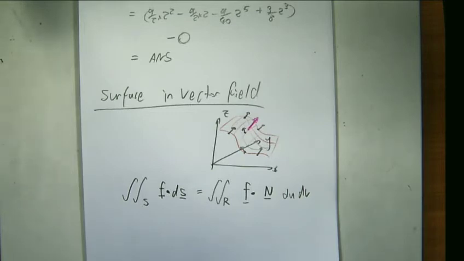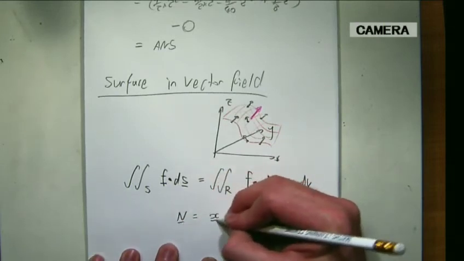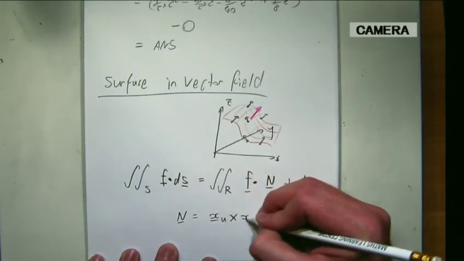And the normal vector is created in the same way as it was last time. Interestingly, it's a scalar triple product, so it's actually the determinant of a matrix. But again, my n, as it was before, was my x_u cross x_v.